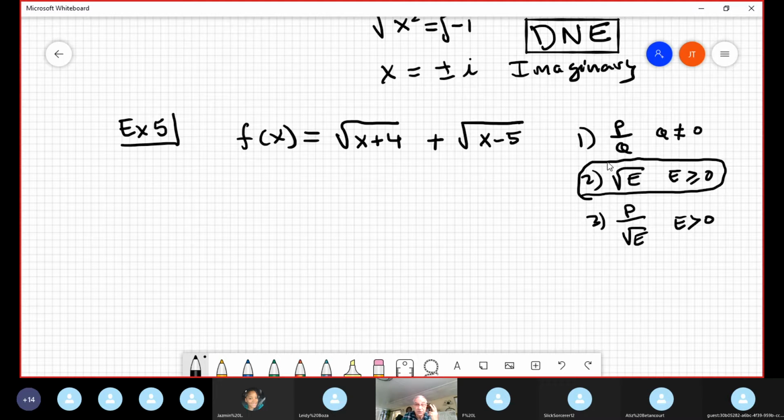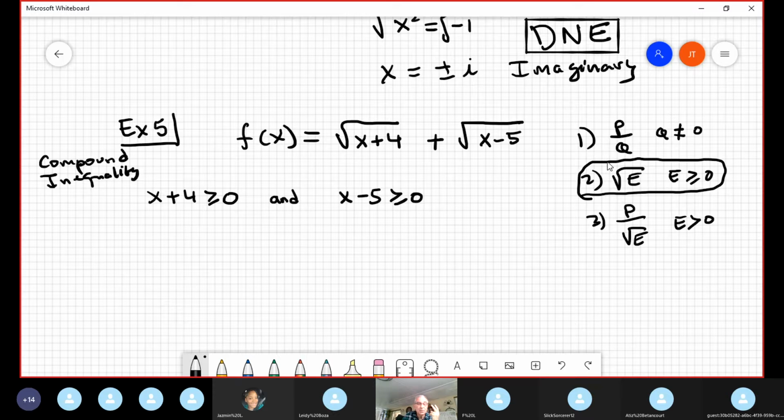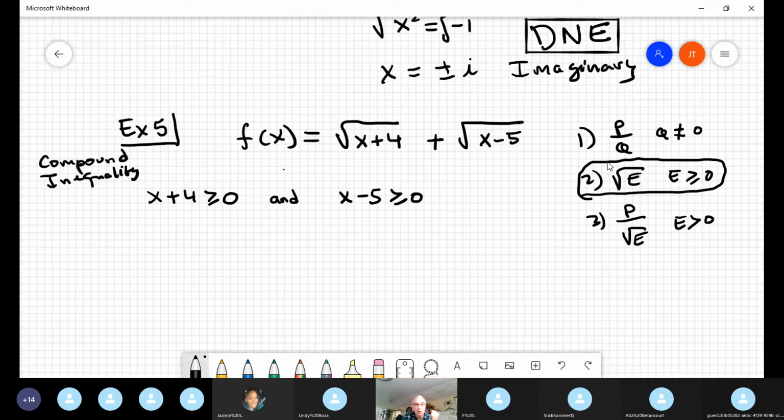The first restriction is x plus 4 is greater than or equal to 0. The second restriction is x minus 5 is greater than or equal to 0. You connect both restrictions and form a compound inequality. And what is the reason it is AND and not OR?